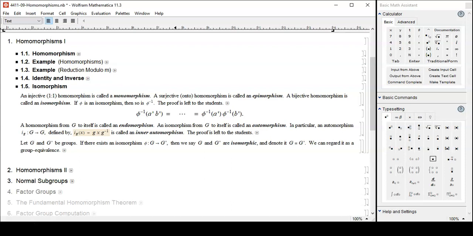That's a question. So number one, is it a homomorphism, preserving the group operations? And then is it a monomorphism, that is, is it one-to-one? And finally, is it an epimorphism, is it onto? That's what you have to do. One-to-one, onto, and homomorphism. Those are the three things that you'll have to check.